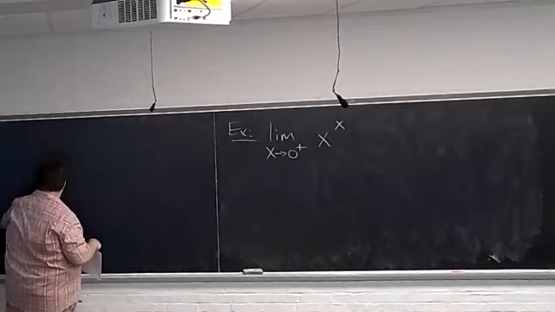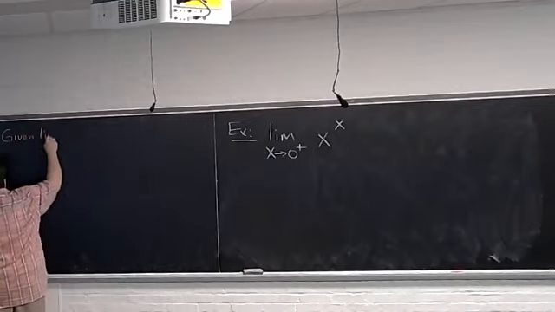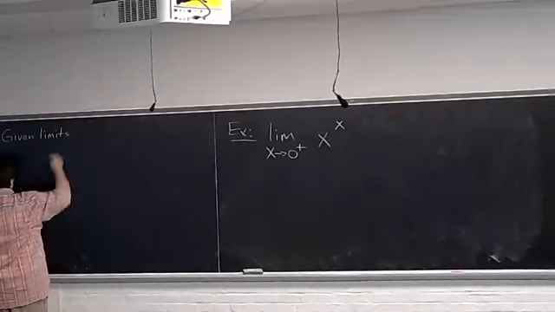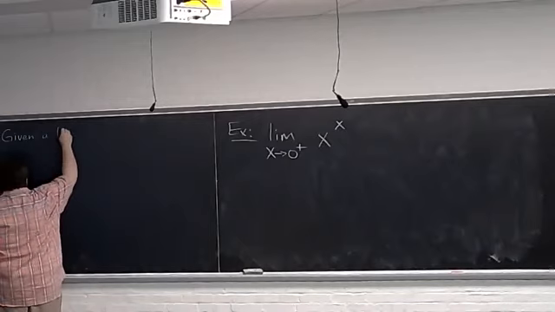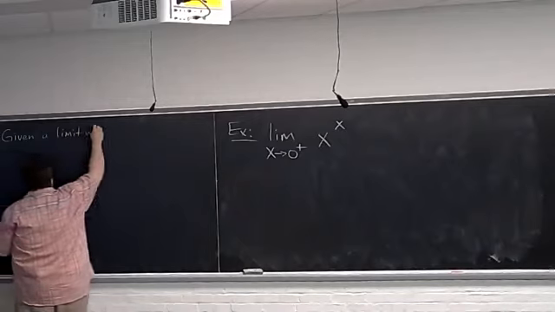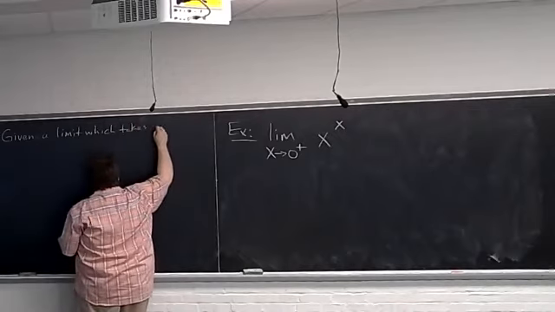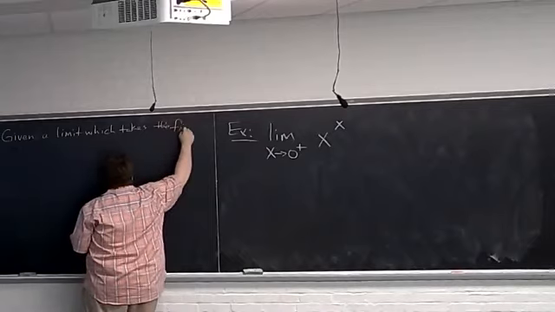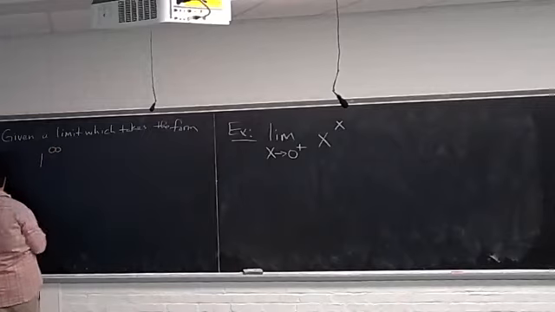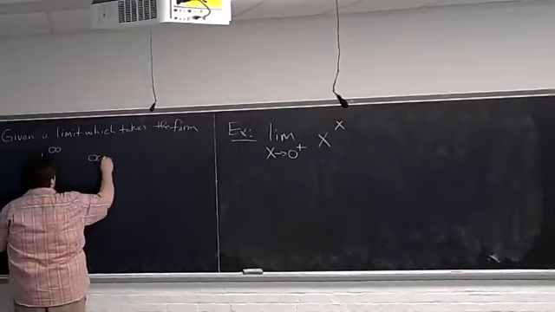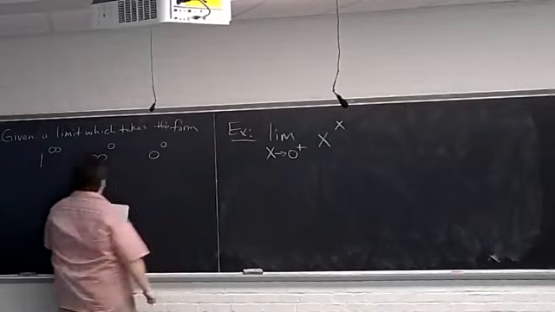Let's say it like this. Given a limit, not limits. Given a limit which takes the form, three forms: 1 to the infinity, infinity to the 0, 0 to the 0.